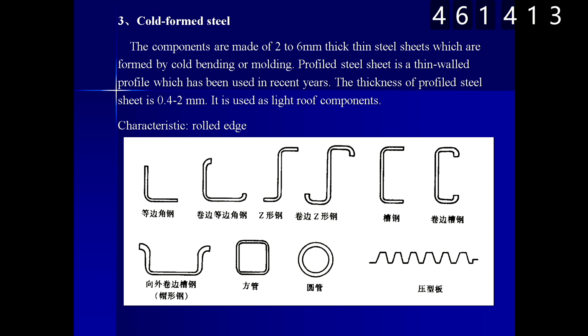The thickness of the profile steel sheets is 0.4 to 2 millimeters. It is used as a light roof component. For this type, it can be rolled into different shapes using different formations.